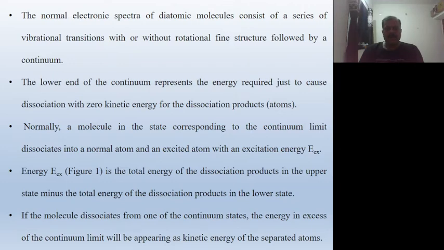That is the difference between the ground state energy and the excited state energy. If the molecule dissociates from one of the continuum states, the energy in excess of the continuum limit will appear as kinetic energy of the separated atoms.